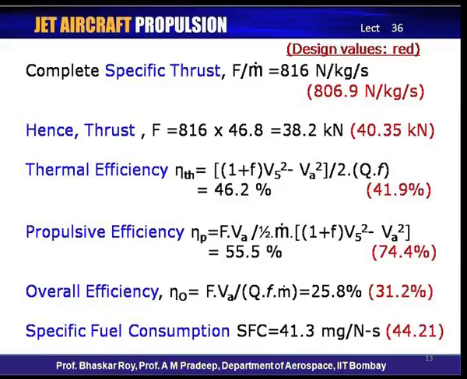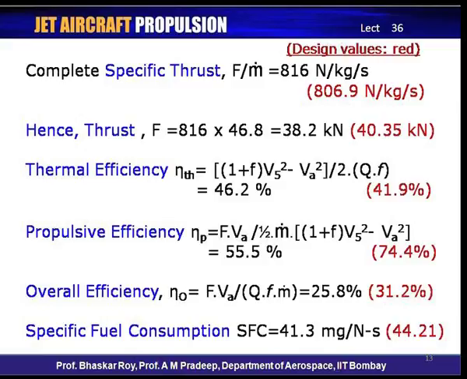It is operating at a higher compression ratio, and we end up getting a specific thrust that is marginally higher than the design specific thrust. One of the reasons is that at this condition we have a certain amount of pressure thrust that is also contributing to the specific thrust.